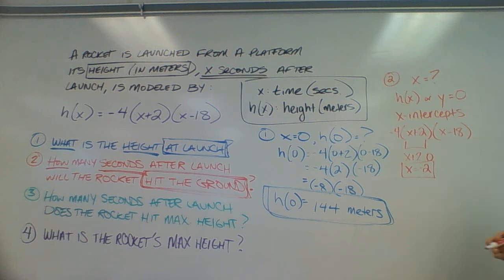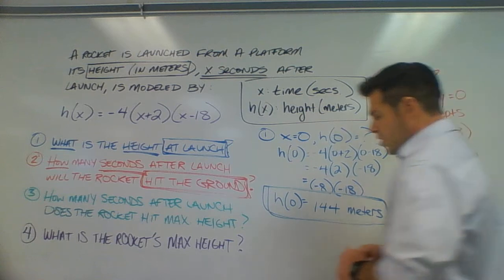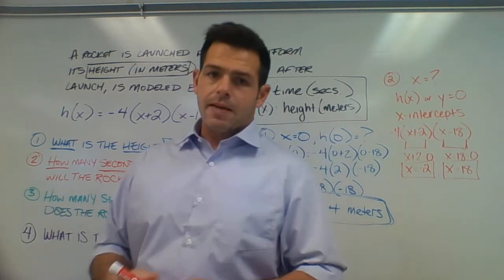The other parentheses is x minus 18. What number could we plug into that to give us a 0? Hopefully you figured out that it would be 18. So we have x equal to negative 2, and x equal to 18.